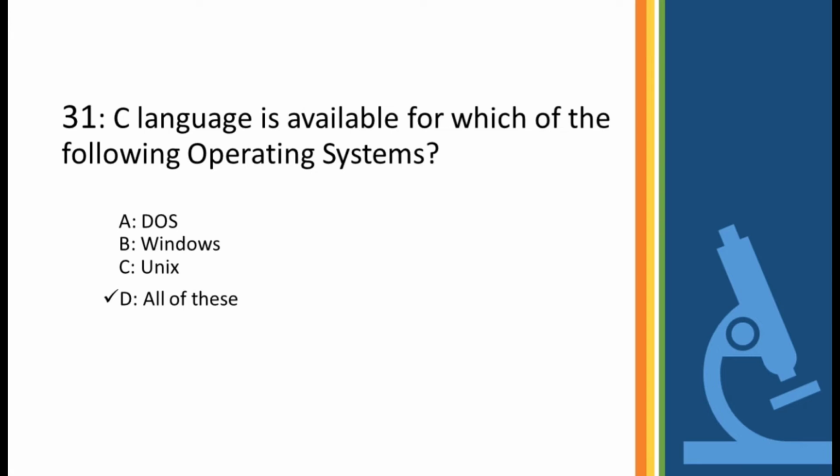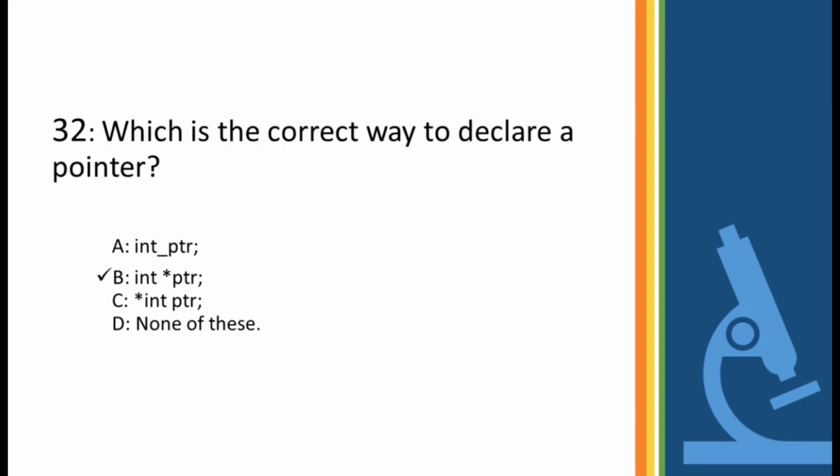C language is available for which of the following operating systems? The correct answer is all of these. Which is the correct way to declare a pointer? The correct answer is B.